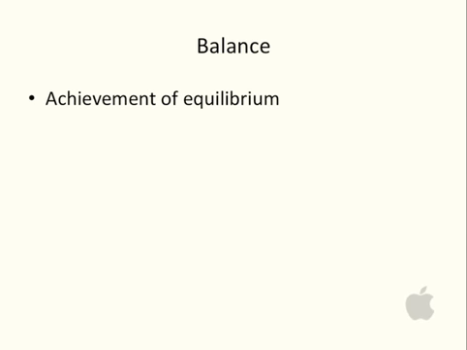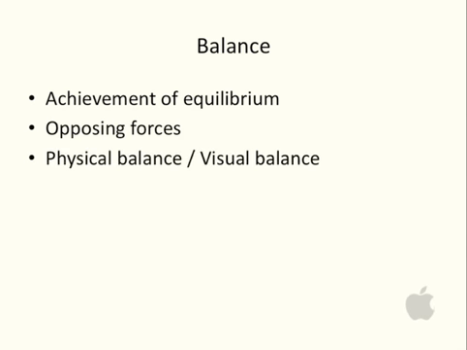Balance. Now, balance is a term that is often used in artwork in many different ways. Balance is the achievement of equilibrium in which acting influences are held in check by opposing forces. So this balance of opposing forces can be either a physical balance, but it also can be a visual balance.